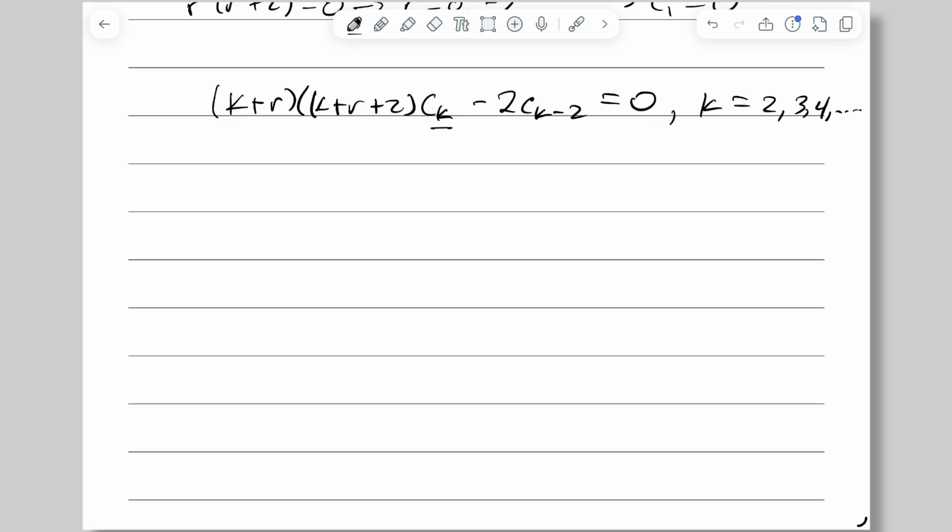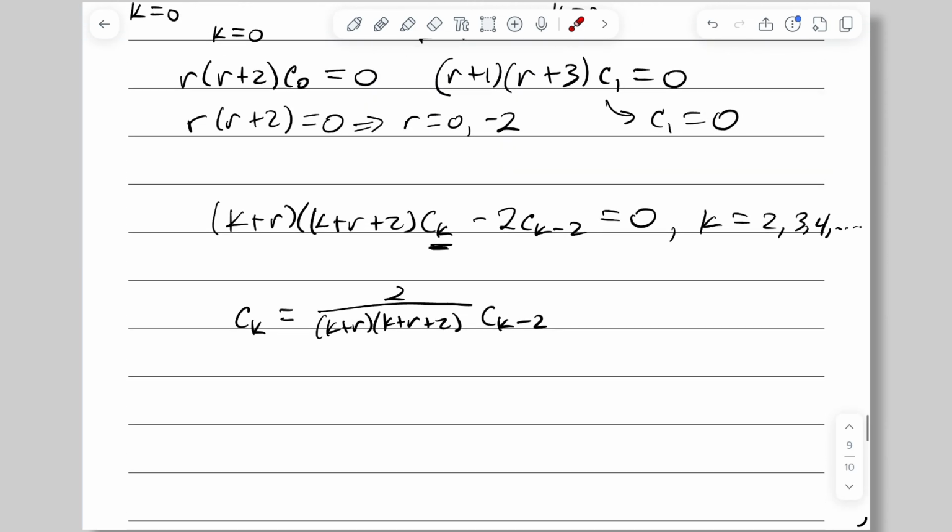Solving for the constant that has the highest subscript, we get c sub k is equal to 2 over k plus r times k plus r plus 2 c sub k minus 2. Again, that's for values of k starting 2, 3, 4, etc.